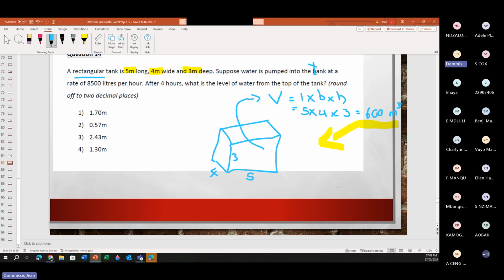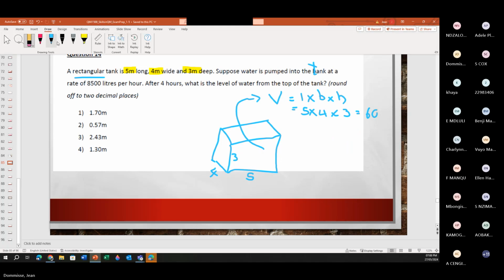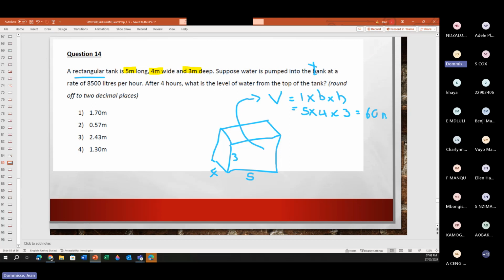Ah, thank you very much. I must get better spectacles. I can't even read on my calculator, and it does say 60. Okay, 60 cubic meters. So cubic meters to liters, how much is that?